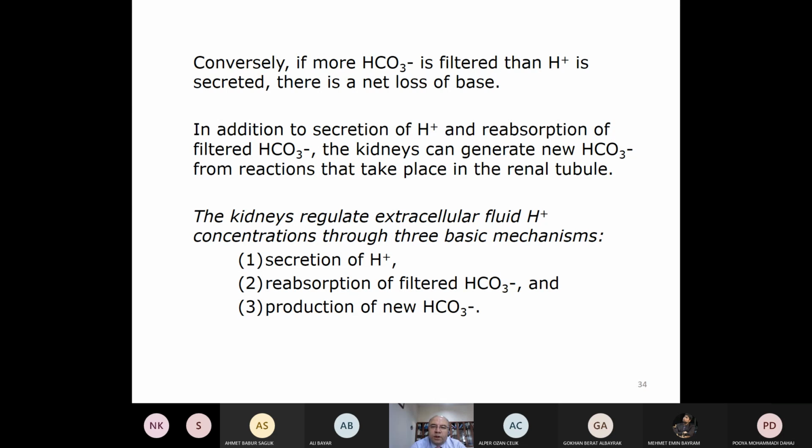In addition to secretion of hydrogen and reabsorption of filtered bicarbonate, the kidneys can generate new bicarbonate from reactions that take place in the renal tubule. Kidneys regulate extracellular fluid hydrogen concentration through three basic mechanisms. First, by secreting hydrogen. Second, by reabsorbing filtered bicarbonate. Third, by producing new bicarbonate.